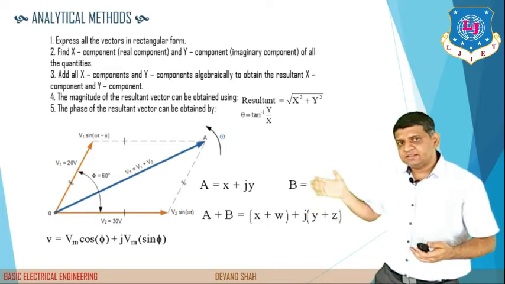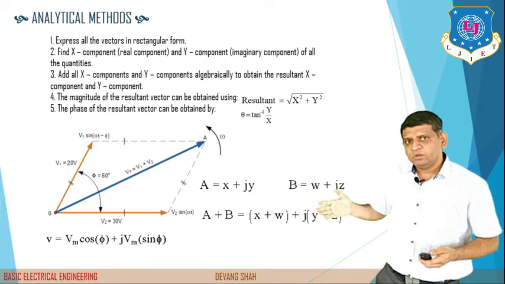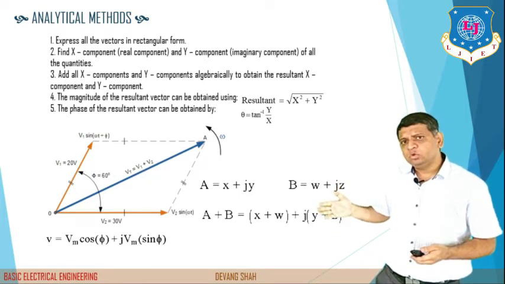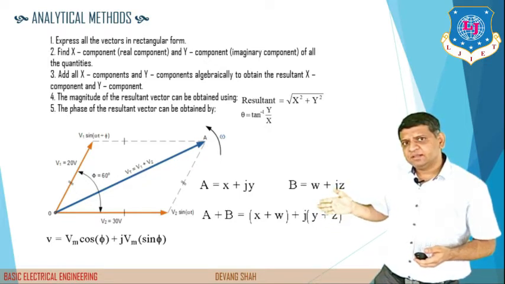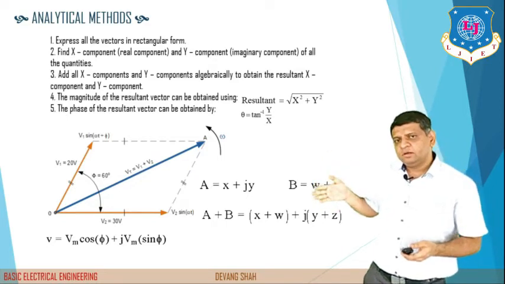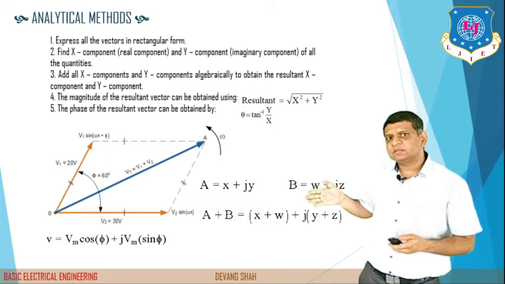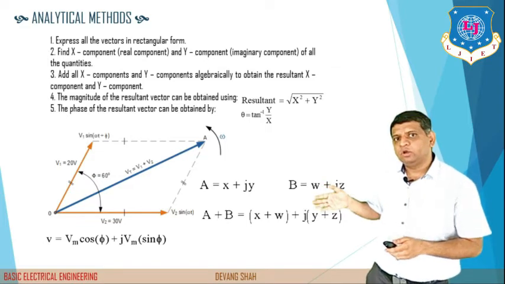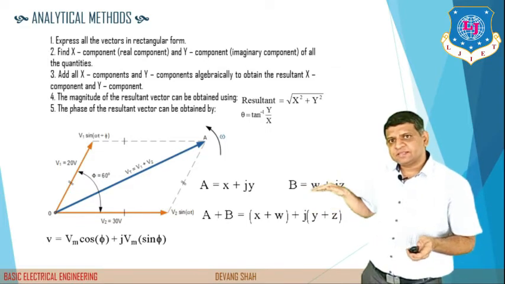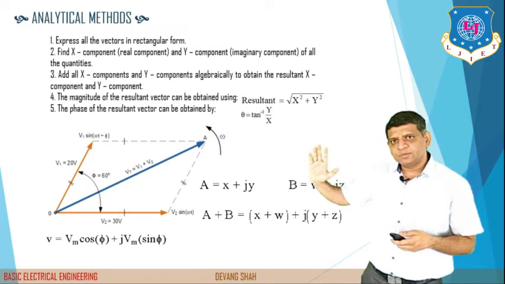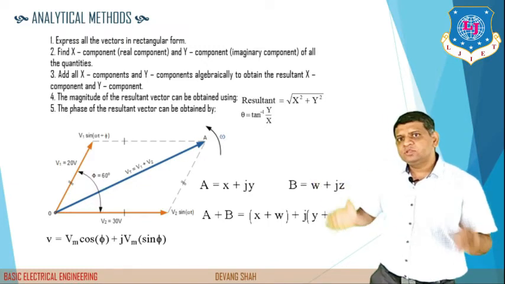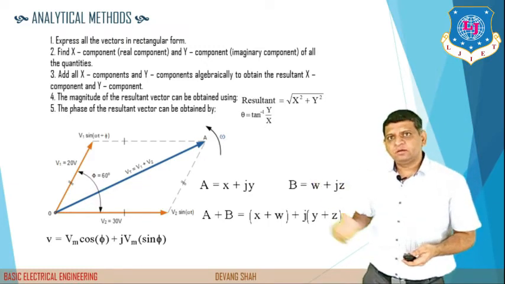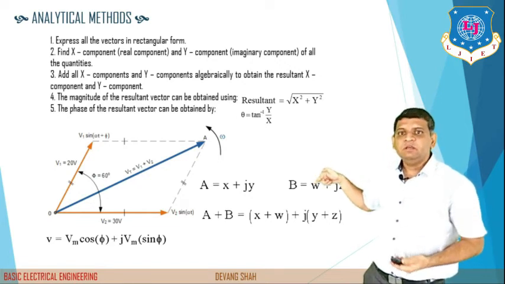Now you can see here there is a rectangular shape where there are two axes, x-axis and y-axis. Here the x value I can represent as, let's say, V2 is equal to 30 volt and V1 is equal to 20 volt, right? These two values where x is represented as a cos and y is represented as sine, right? So once you use the parallelogram method, the diagonal is represented as the resultant vector.